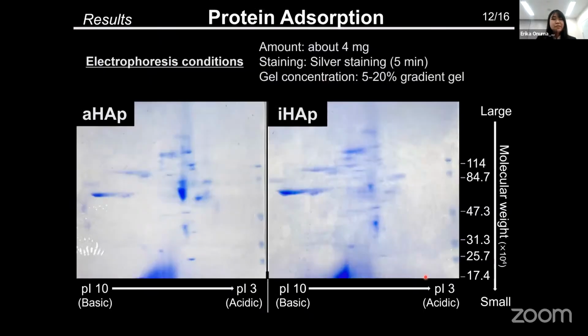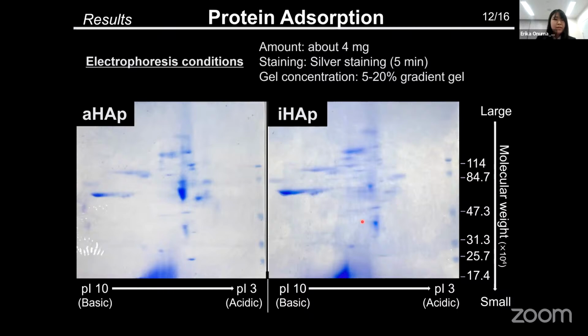This figure shows the resulting 2D-PAGE gels. Here, amount of protein in both gels was aligned at about 4 microgram. Protein-derived spots were identified in both gels. The protein spots observed on the gels appeared to be more strongly expressed in AHAP than in IHAP.